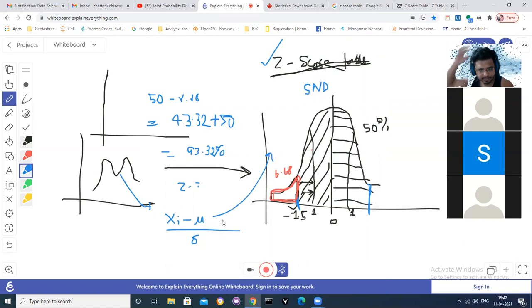And once it becomes like this, you can use your z-score statistics to infer more results. This is because in nature nothing will be 100% Gaussian distribution, nothing will be 100% standard normal distribution. It will be a little bit here and there, right? So that is why we first convert it into a very nice standard normal distribution, so that we can make use of the z-score table.